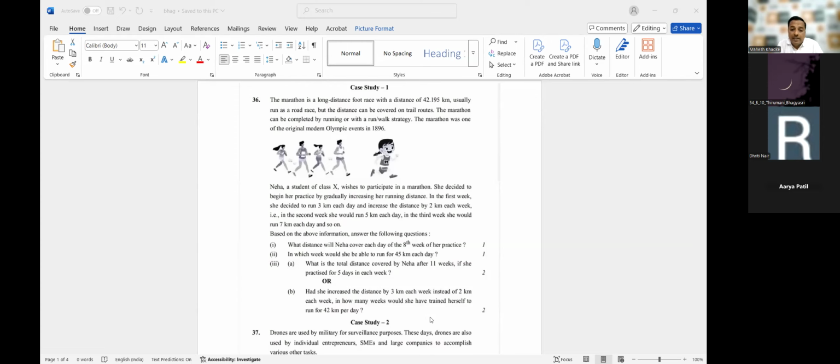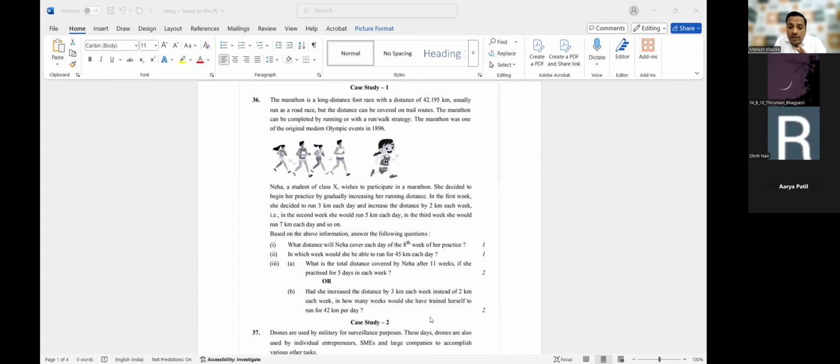She decided to begin practice by gradually increasing her running distance. In the first week, she decided to run 3 kilometers each day. Increase the distance by 2 kilometers each week. Okay.